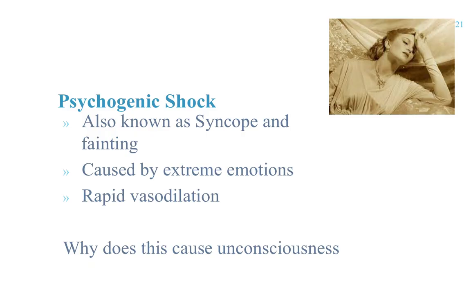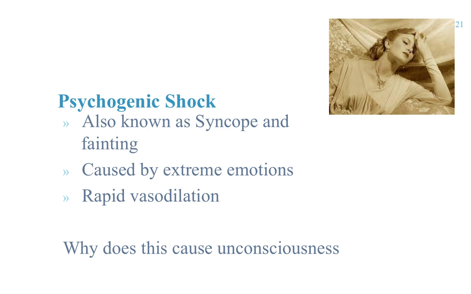Okay, so psychogenic shock is going to be another relative shock process. So psychogenic shock is also known as syncope or fainting. And it's usually caused by extreme emotions, right? So fear, bad news, sight of blood, and it's rapid vasodilation.